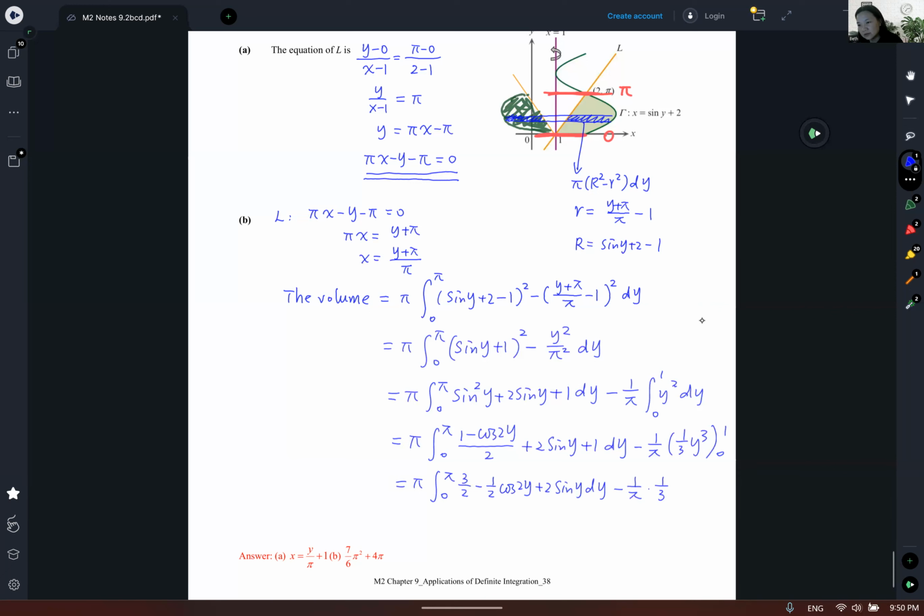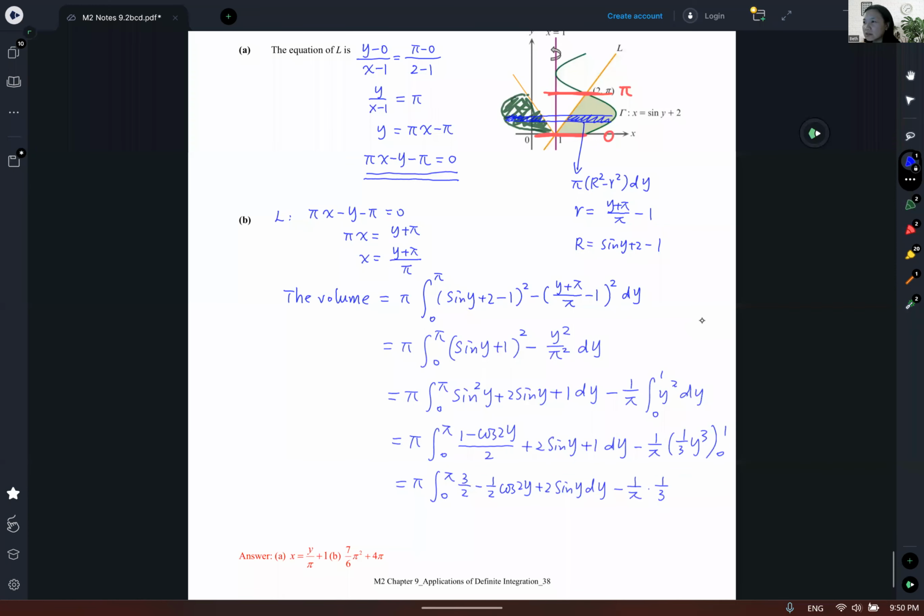Where did I have this part though? The answer doesn't have this part. There must be something wrong.